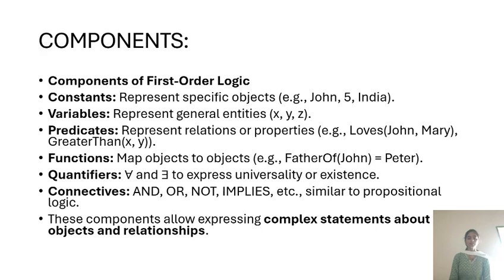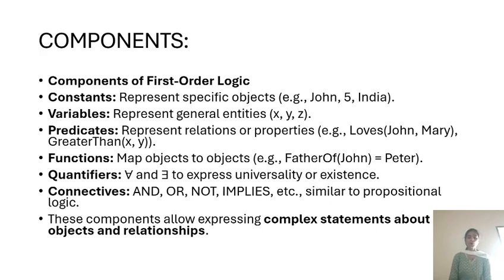Components of FOL. Constants represent specific objects, for example John, Pi, India, etc. Variables represent general entities, that are x, y, z. Predicates represent relations or properties, for example loves(John, Mary), greater(x, y).